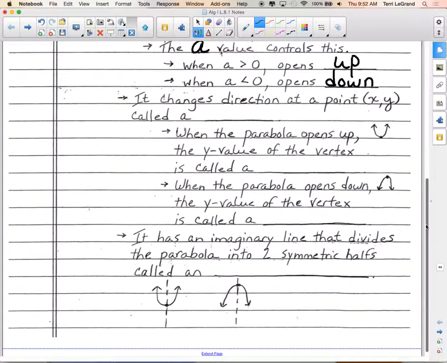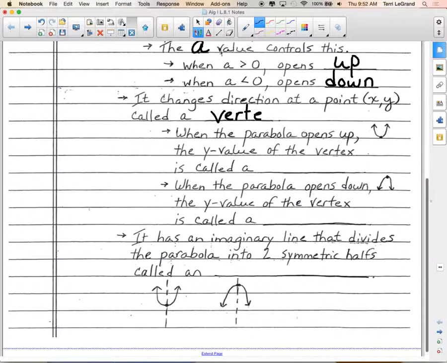All of these changed direction at a certain point, didn't they? 2, 3, 4, 5, and 6. Did they all change direction at a certain point? Yeah. Okay. Anybody know what that point is called? What's it called, AJ? A vertex. It is called a vertex.